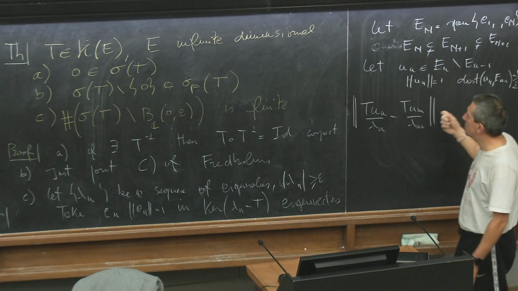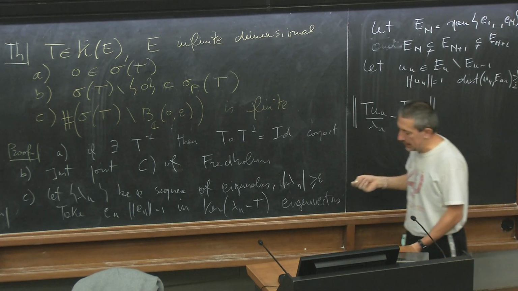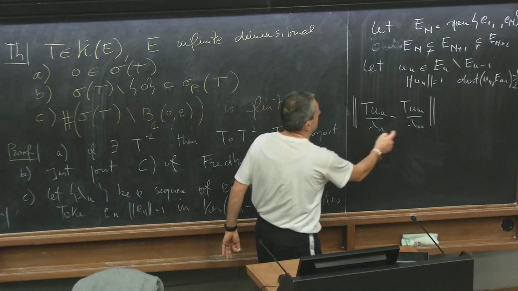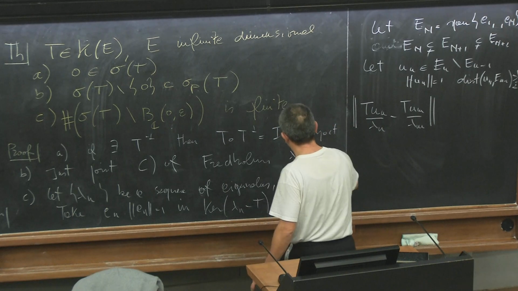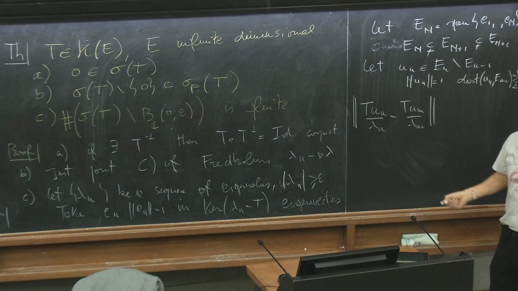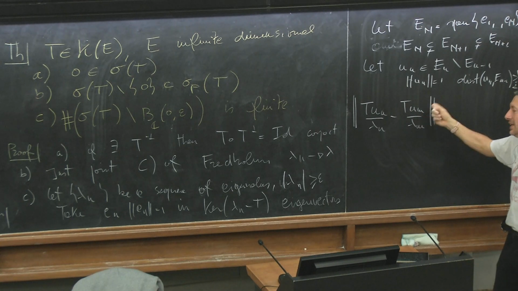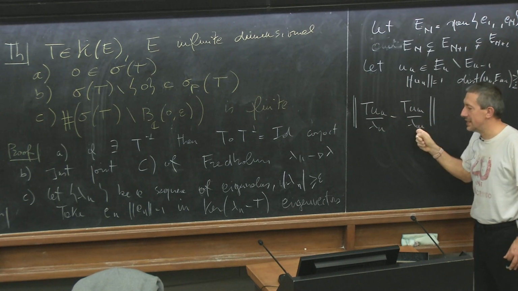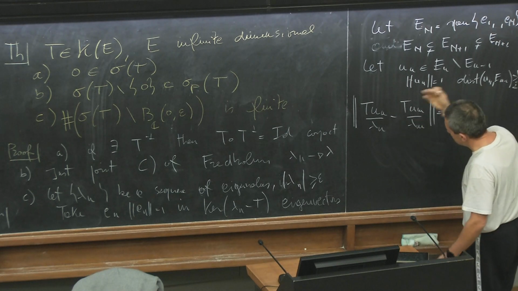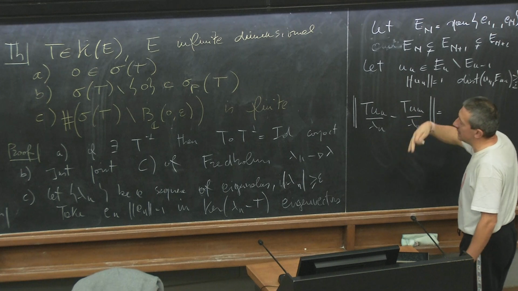So if this object goes to 0, let me say that lambda n also converges to some lambda. So if I have a subsequence that converges, then this converges.